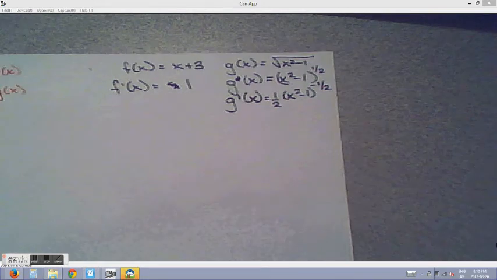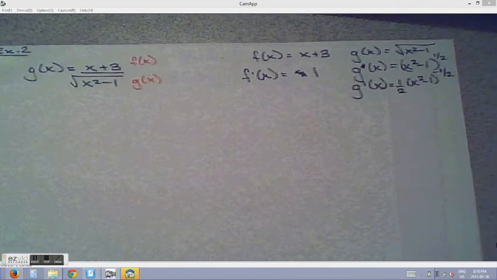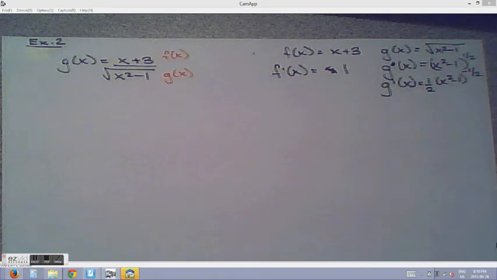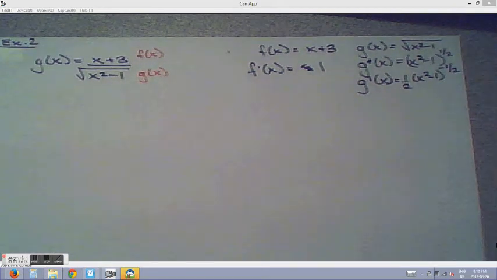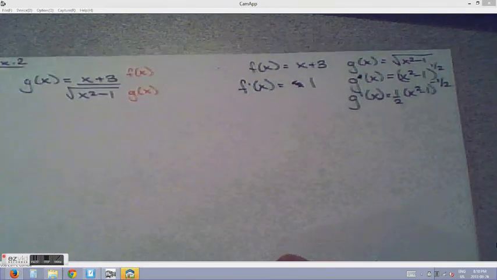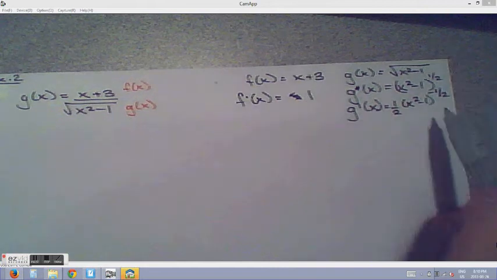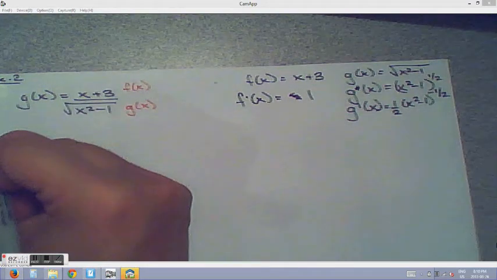So it's going to be a little bit messy, but that's okay. Lots of algebra involved in this one, which is great practice for us. So let's see now. Let's use our quotient rule.